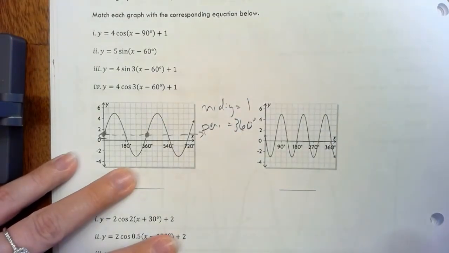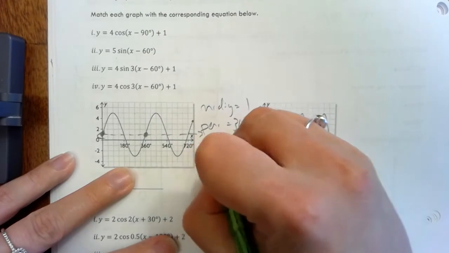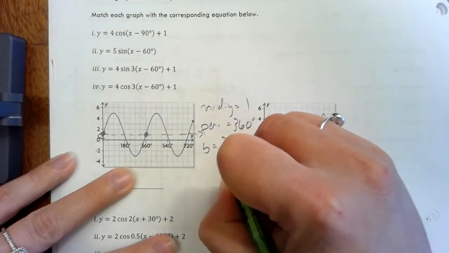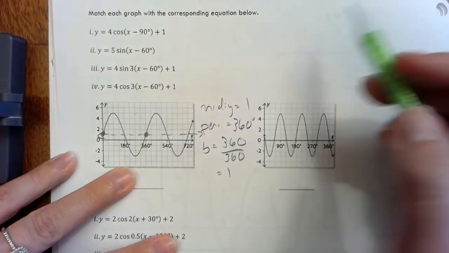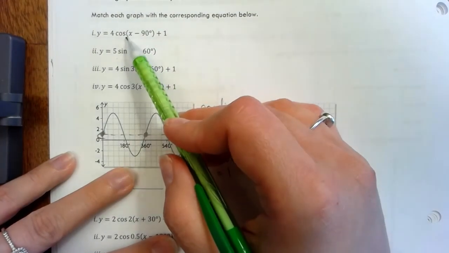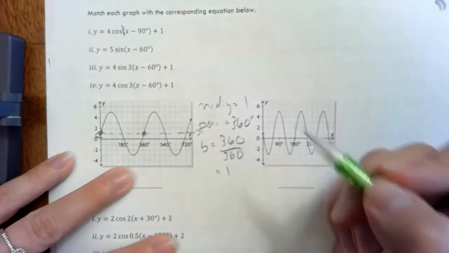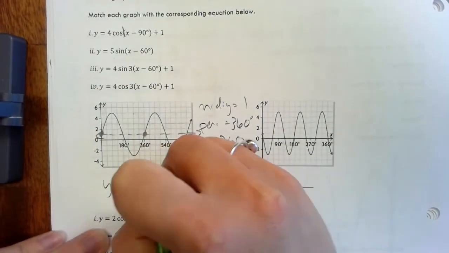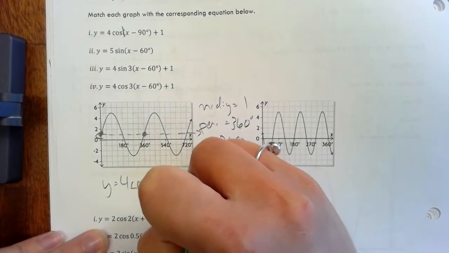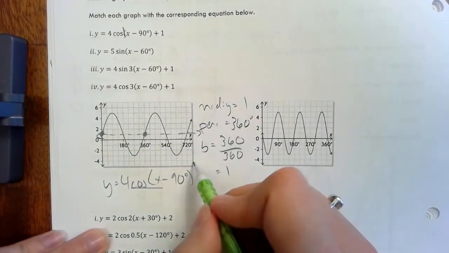But that's not the b value, right? B equals 360 divided by 360, which would be 1. So I'm going to go ahead and guess that we're talking about this guy right here, because this one is the only one with a b value of 1. So this is 4 cos (x minus 90 degrees) plus 1.